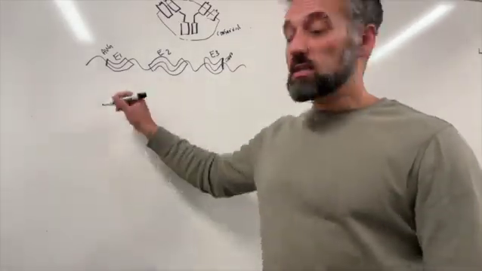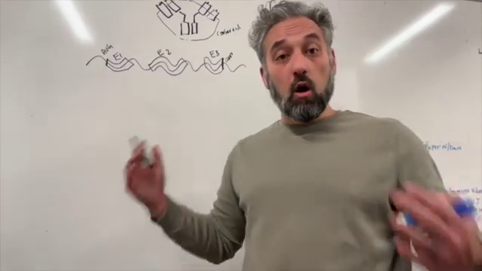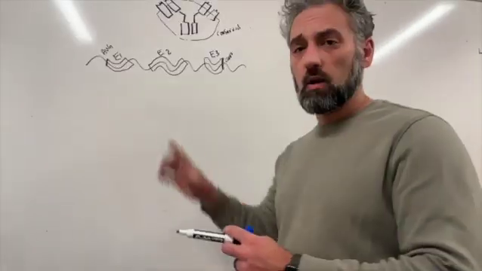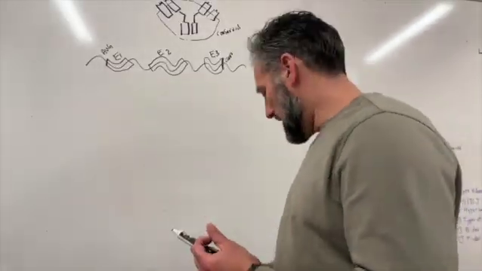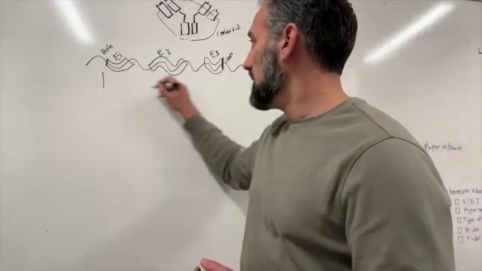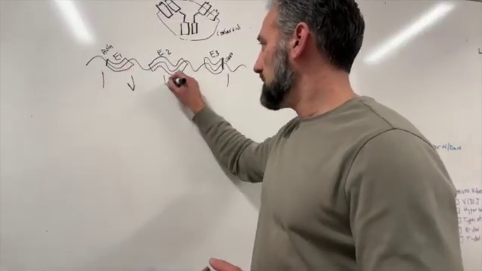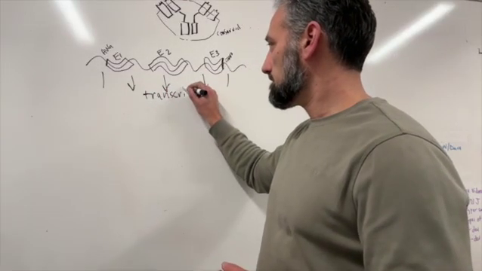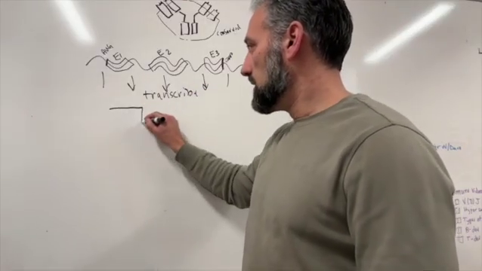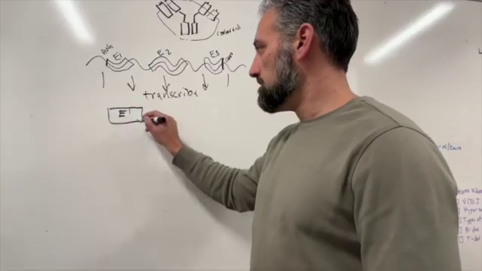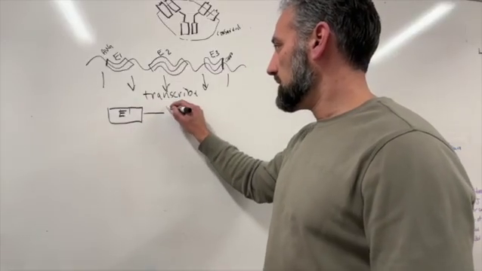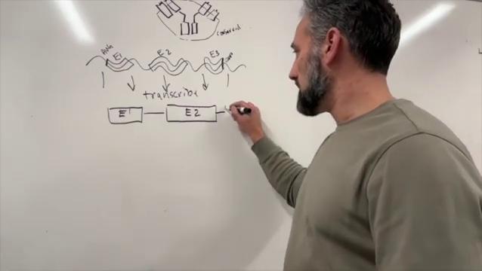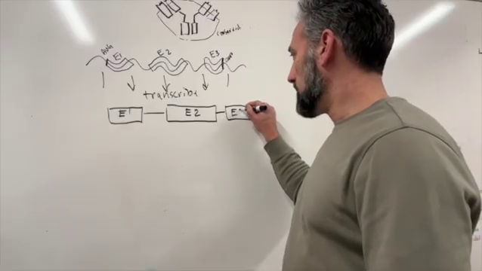So, if we were to take all of this, our RNA polymerase is going to come along and transcribe all of that, and then we're going to get our RNA chunk that gets transcribed into exon 1, intron, exon 2, intron, exon 3.